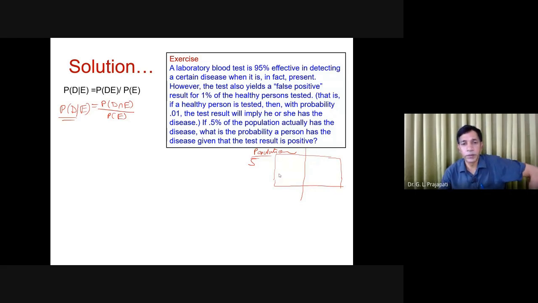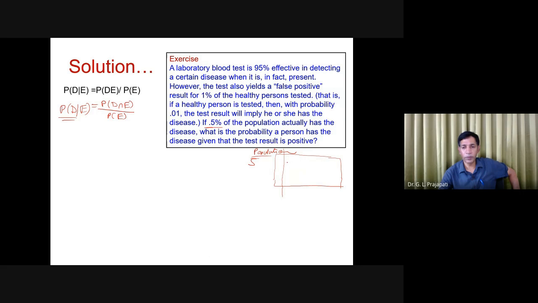And the question says that 0.5% of the population actually has the disease. So here there are two partitions, out of which 0.5% of the population actually has the disease. This is one partition and this is the other partition.